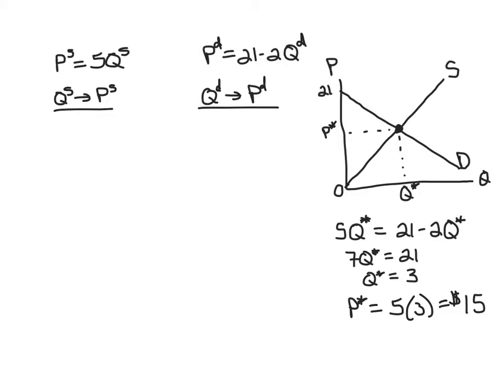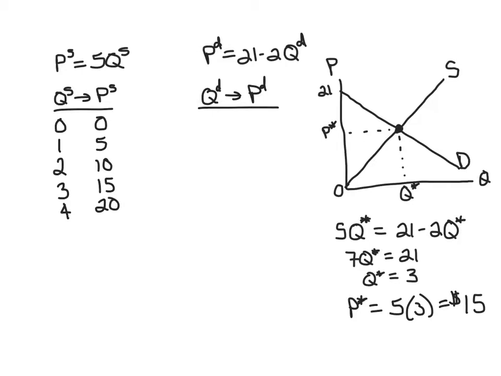So let's start with the supply curve. If we plug in 0, 5 times 0 is 0. Plug in a 1, 5 times 1 is 5. Plug in a 2, 5 times 2 is 10. Plug in a 3, 5 times 3 is 15. Plug in a 4, 5 times 4 is 20.